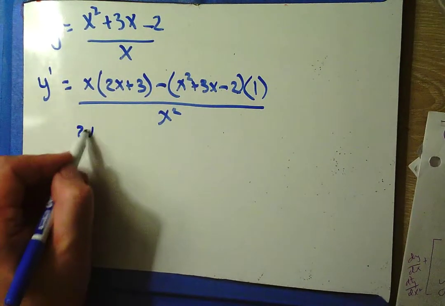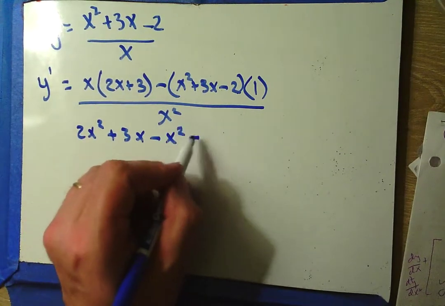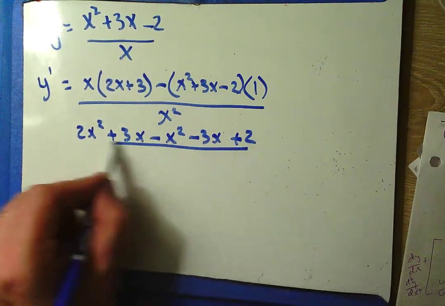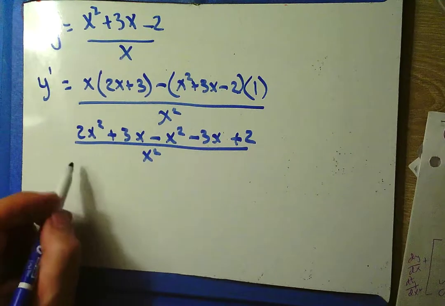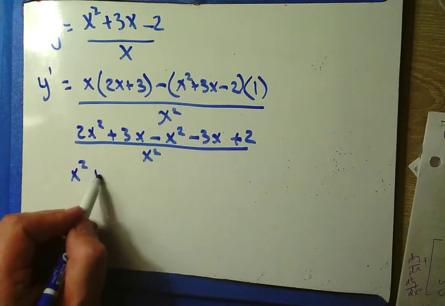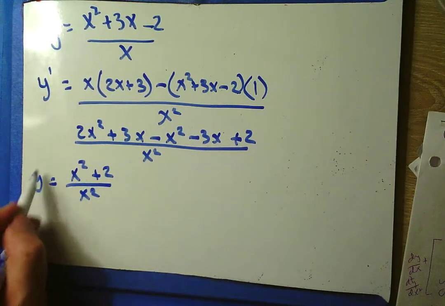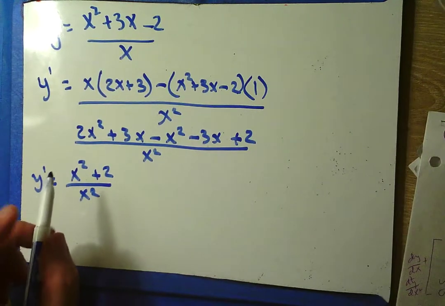So I've got 2x squared plus 3x minus x squared minus 3x minus a minus is plus 2 all over x squared. And if we combine like terms, I get x squared, the 3x's cancel, plus 2 over x squared. There's my y prime.